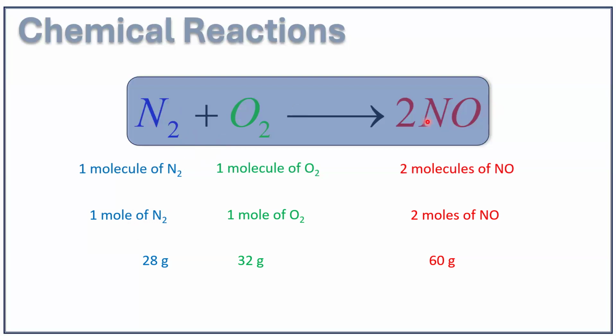And here you have 2 moles of nitric oxide. And what is the volume occupied by 2 moles of NO? At STP, 2 into 22.4, that is 44.8. So this equation can also be extended: 22.4 liters of N2 combining with 22.4 liters of O2, giving 44.8 liters of NO. So this is how you can express.